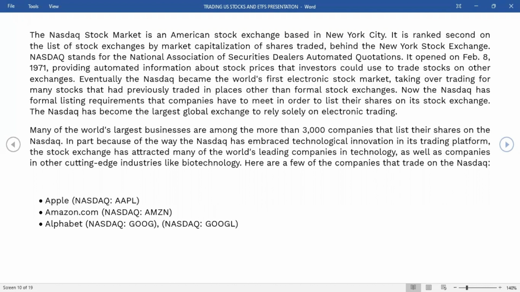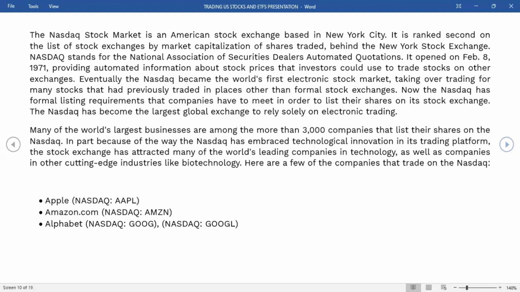Nasdaq opened in 1971, and one of the things that makes Nasdaq outstanding is that it provides automated information about stocks. It became the first electronic stock market. What Nasdaq used to do was provide automated information about stock prices that investors could use to trade stocks on other exchanges.